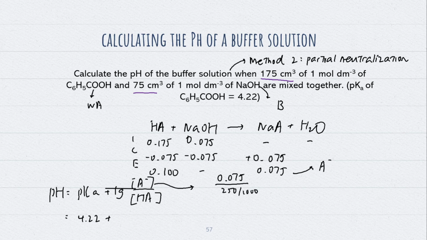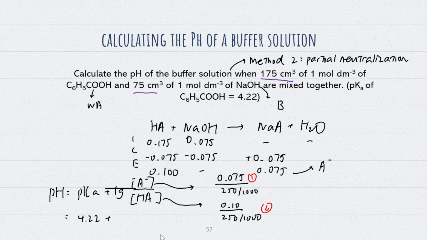But I won't actually punch these numbers into my calculator yet. I'll just tell you why in a moment. Let's find the concentration of HA, your weak acid. It will just be 0.1 divided by the same volume. If we divide one over the other, realize that you will cancel out your denominator.